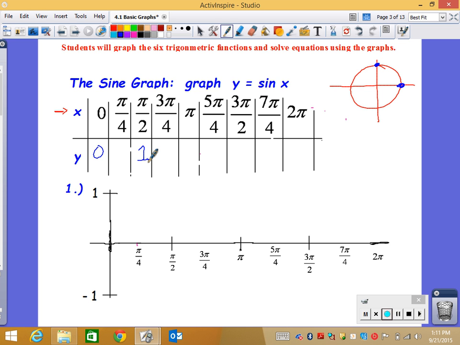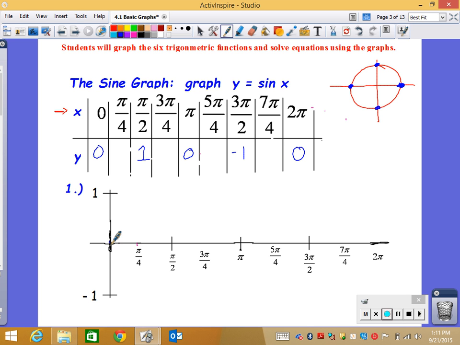If we keep going to the right, we go to pi. Well, pi is straight left with a y value of 0. 3 pi over 2, that's straight down. That's a y value of negative 1. And if we think back to 2 pi, that's one full rotation around, and we're back at a y value of 0. So I'm going to plot each of these points.